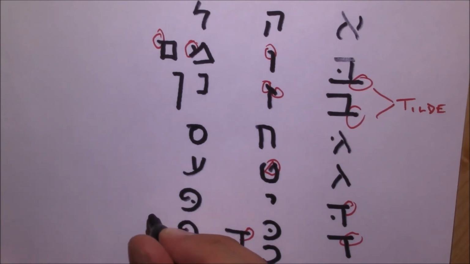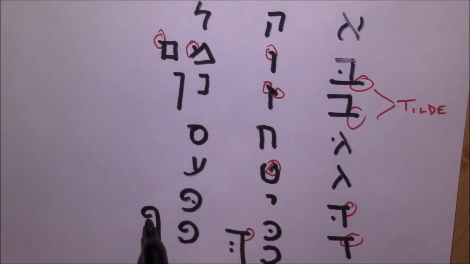This also has a final form, which will always be pronounced with the F sound because it will never take the dagish. It sort of is as if you took the tail of the peh and just brought it and straightened it down. And so it's got that little curve at the beginning in there and then goes around, sort of looks like a staff. That is our F sound or our P sound, p and f.